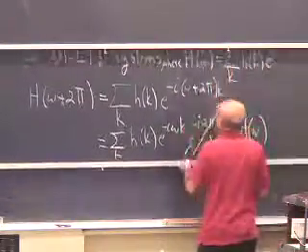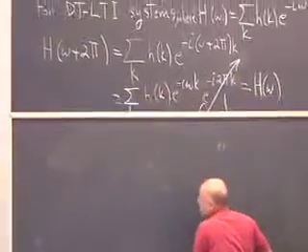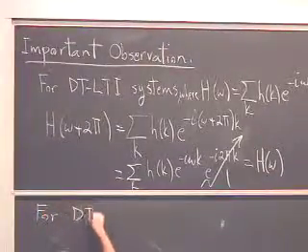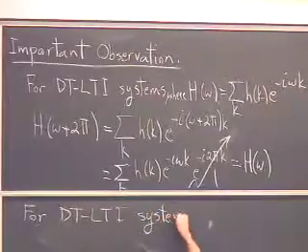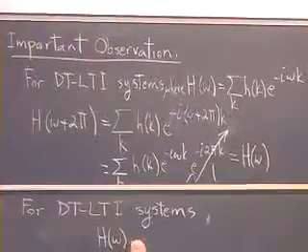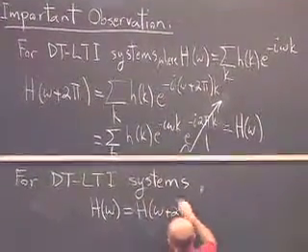So, for discrete time LTI systems, H of omega is equal to H of omega plus 2 pi.